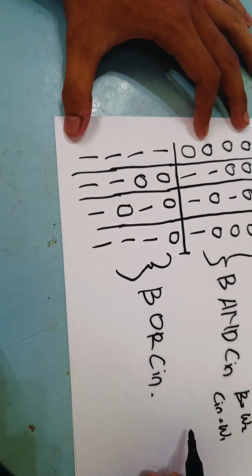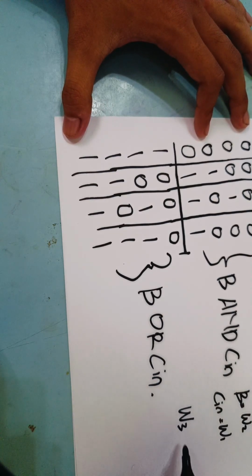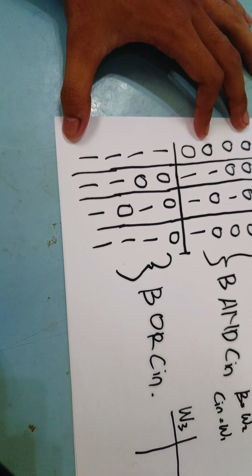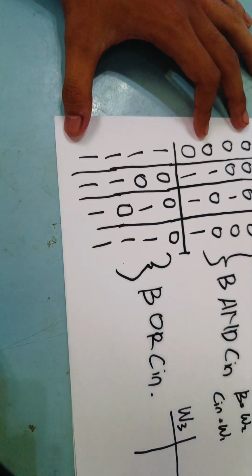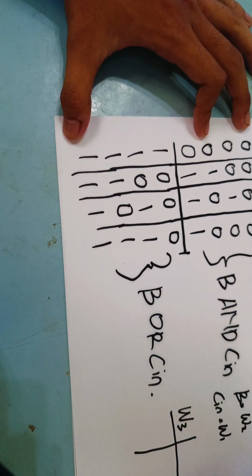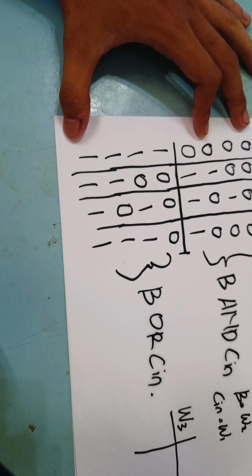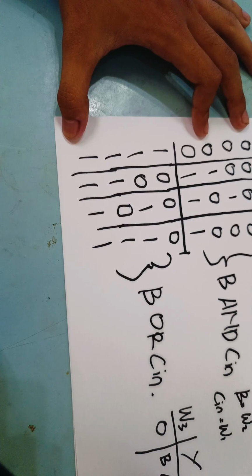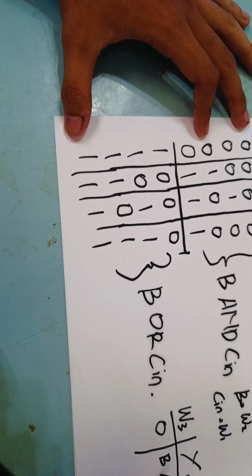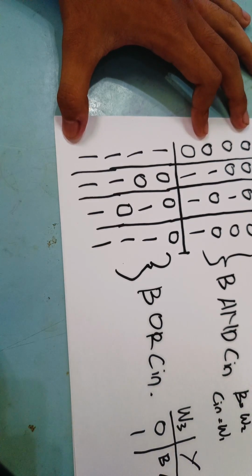So this will be W3, and the output will be Cout is equal to Y. So when the W3 is 0, Y will be B and Cin. And when the W3 is 1, the Y will be B or Cin.